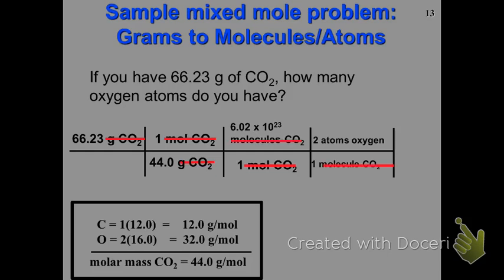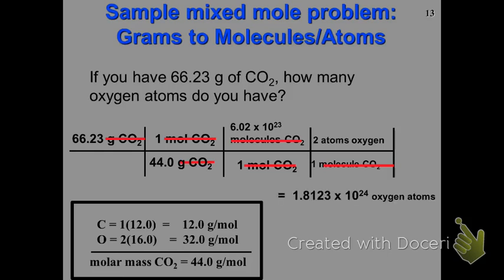So I just write out this simple conversion factor, 2 atoms of oxygen over 1 molecule of CO2. My molecules of CO2 cancel. What does this mean? To go from molecules to atoms, I simply have to multiply by 2. Why? Because there's 2 oxygen atoms in a molecule of carbon dioxide. So now 66.23 times 6.02 times 10 to the 23 times 2, divided that whole thing by 44.